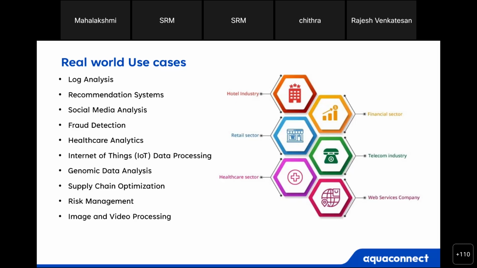Insurance claims, etc., are handled in risk management. Image and video processing: processing large videos and images using face recognition, object detection, and video content analysis techniques. These are the things used in the real world.